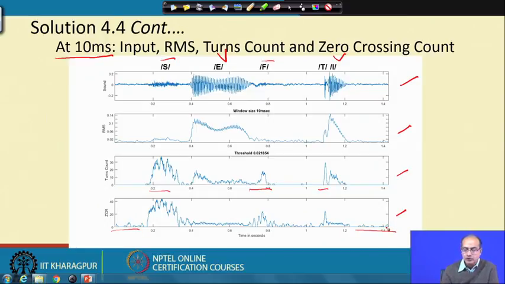But if you look at the turns count and the zero crossing rate, they are giving the same phenomenon, an index of the inherent frequency of the signal. So, they are very similar to each other, and that is what we could get for a single plot.